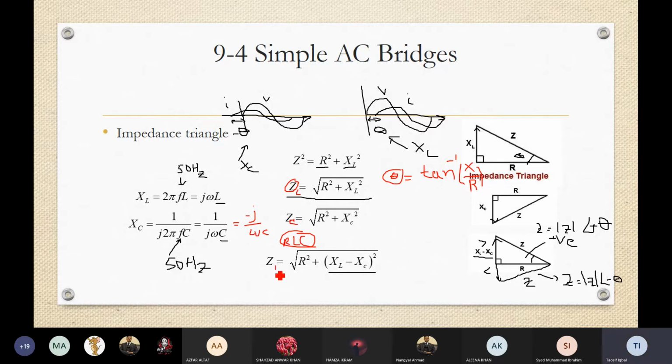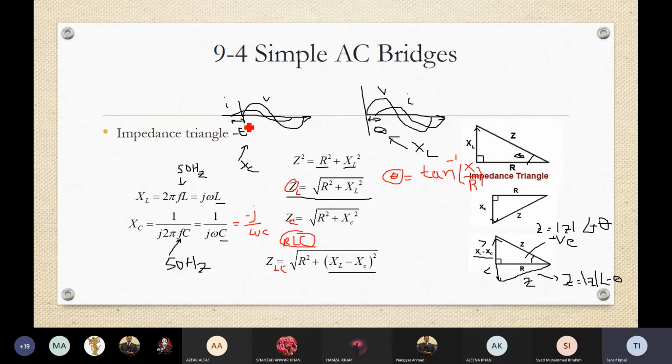So this is an RLC circuit, and depending upon the certain reactance, we will have the same. Now what happens in case of voltage and current?